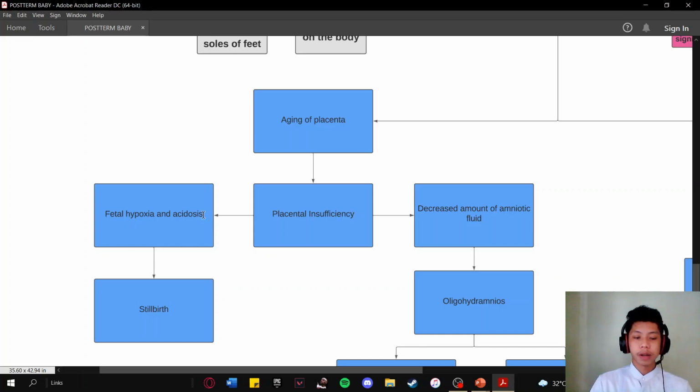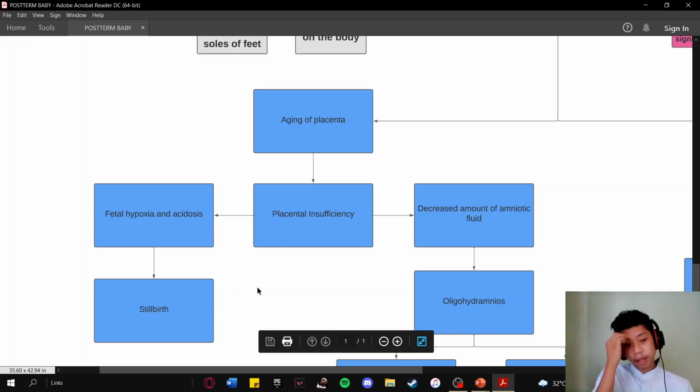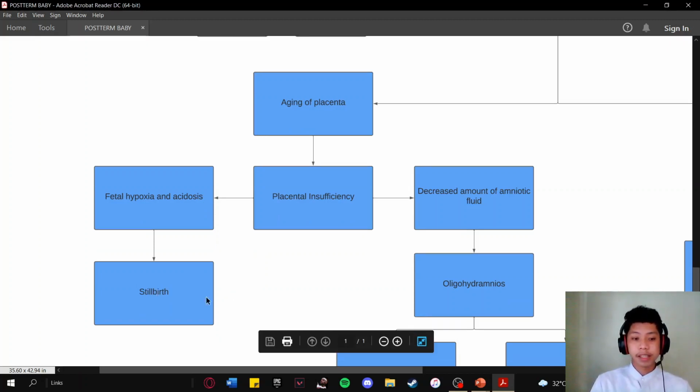So the tendency is there will also be fetal hypoxia and acidosis, and with fetal hypoxia, or the lack of oxygen, and the acidosis, the high levels of acid inside the bloodstream of the baby, chances are the baby can be found dead inside the womb, or stillbirth can occur.